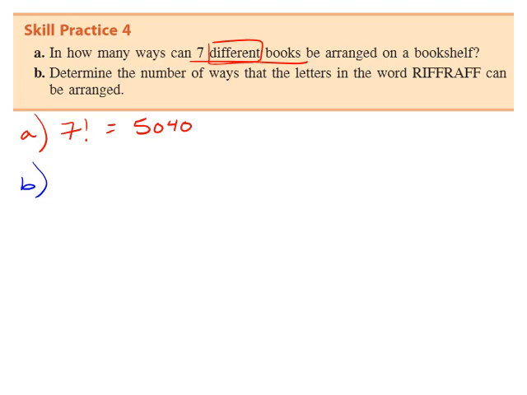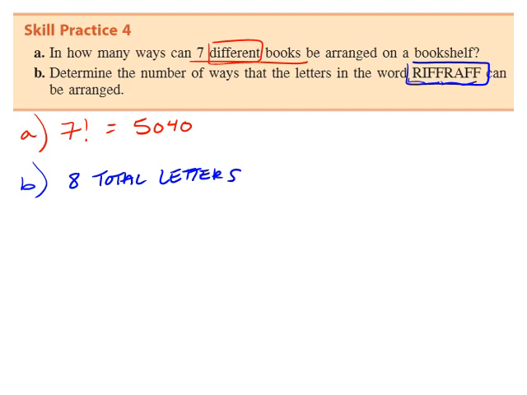Now part B is a little bit different. We want to figure out the number of ways we can arrange the letters in the word riffraff. Okay, well, it's helpful to figure out how many letters there are. There are 8 total letters or spots. Now, if we reorder these, I'm going to have duplicates.